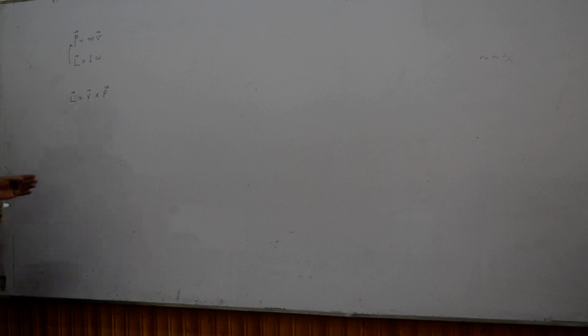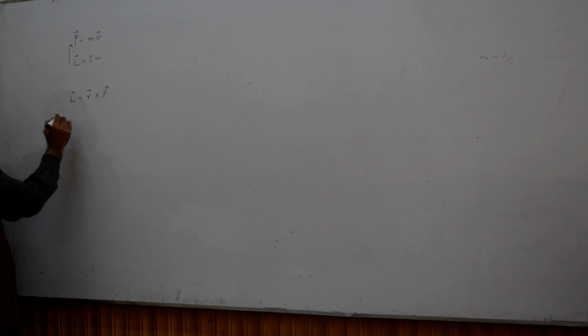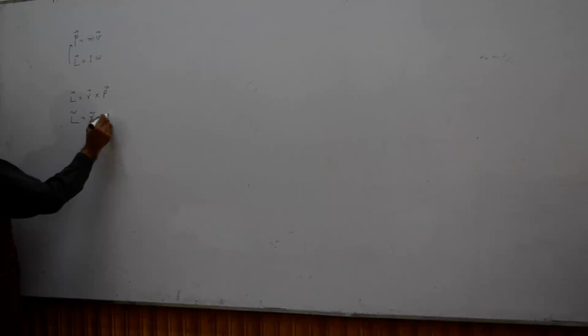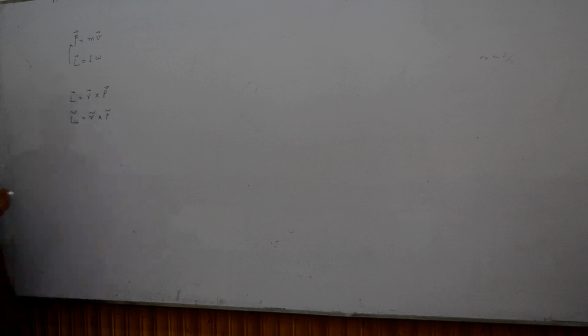Now, if somebody asks how angular momentum is defined in quantum mechanics, you say we define it in the same way, but we write this symbol at the top of that.